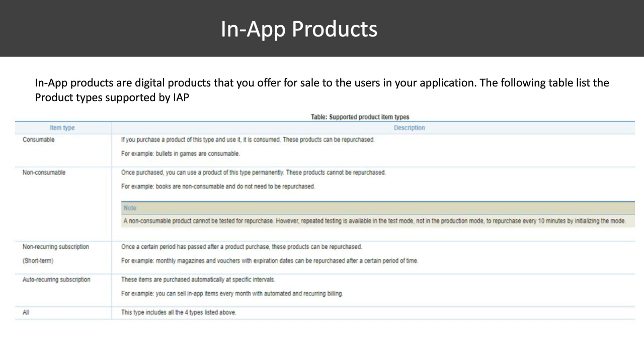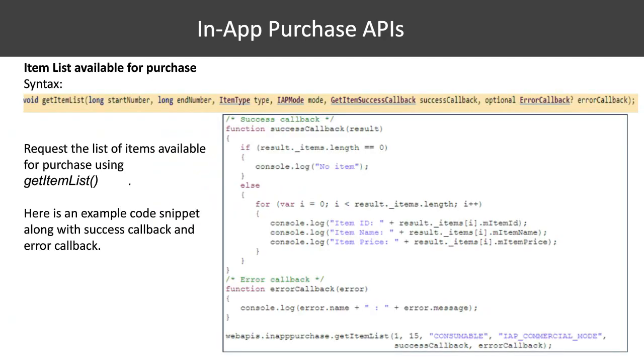So let's go deep dive into the actual IAP APIs and see the syntax and parameters that are available. The first IAP API is the get item list. The syntax is you can pass in the start number, end number, and you might have to pass the item type, either consumable or non-consumable, and so on, and item mode.